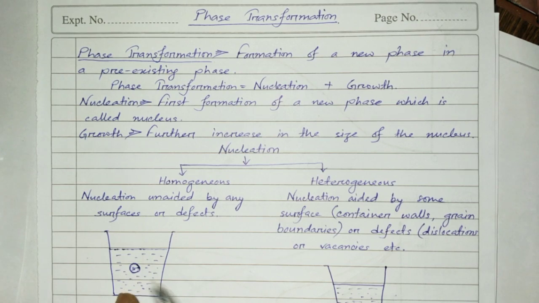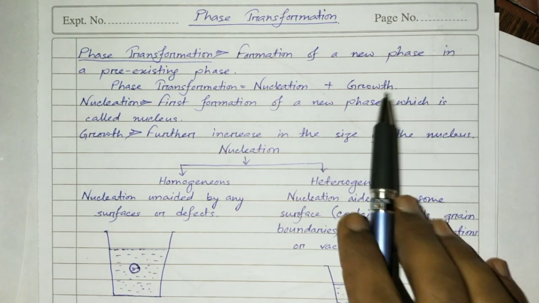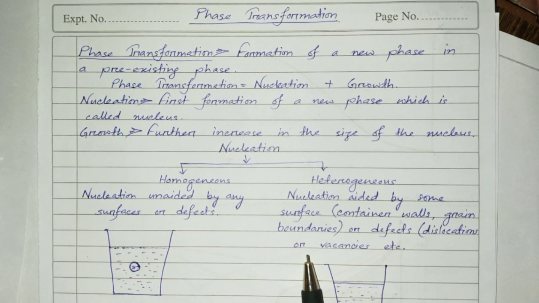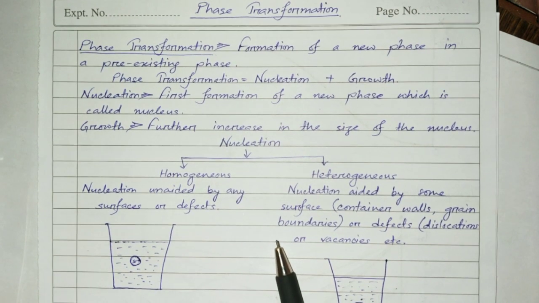This new phase is called a nucleus. After that, this phase will continuously grow in size, and that part is called growth. That is the growth of the nucleus. So first, phase transformation generally takes place by nucleation, that is, formation of new phases, and then growth of that particular nucleus.